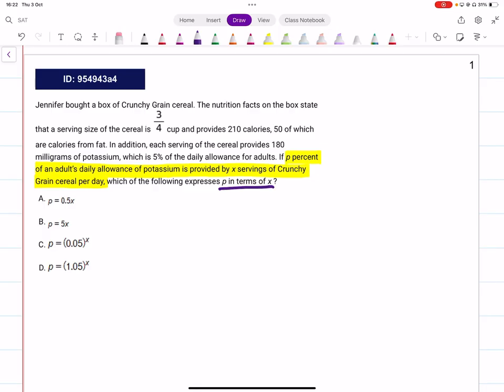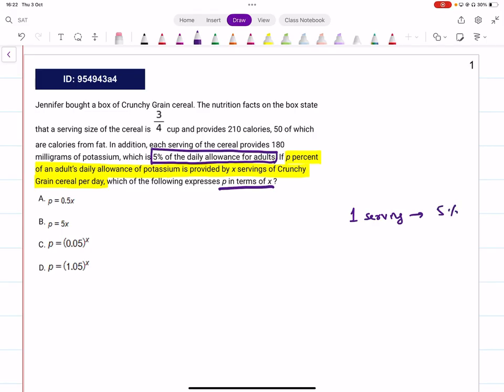Each serving of the cereal provides 180 milligrams of potassium, which is 5% of the daily allowance for adults. Now, this is the important part, right? That one serving of the cereal is 5% of the daily allowance. Okay? One serving is 5%.